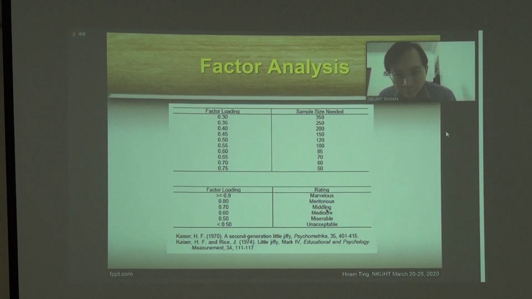Again, you have the references and you have the rating. For me, this is not necessarily usable because it depends on many situations. If you look at the citation, these are from psychology.